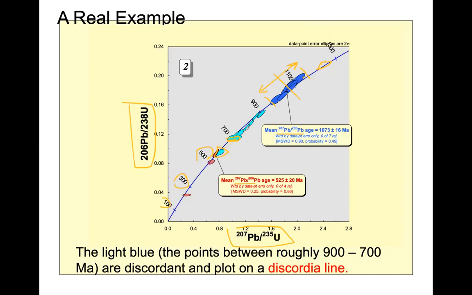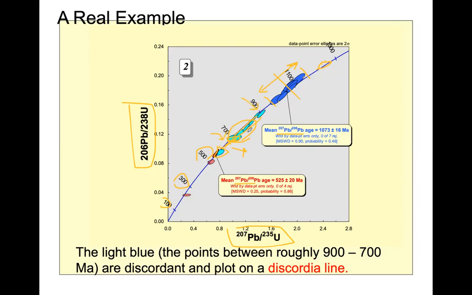And you can see some discordant points here, right? These ones are discordant. They are plotting somewhere inside the Concordia, not on the Concordia, right? So you can make a discordia line here. The program can make it, some options are there. You have to click those options and then it will generate a discordia line also, so that you get a lower intercept somewhere here and an upper intercept somewhere here, right?